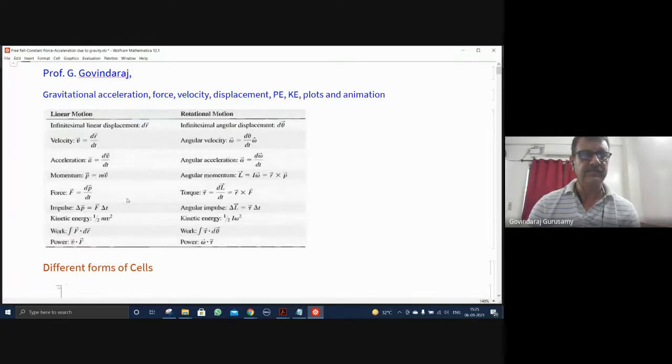Acceleration is smaller for bigger objects and higher for the smaller objects. Which means there is a resistance to the motion created by this mass. So this mass is the scalar quantity, which is a very important quantity. So space, time, and the mass, acceleration, these are the very important quantities.